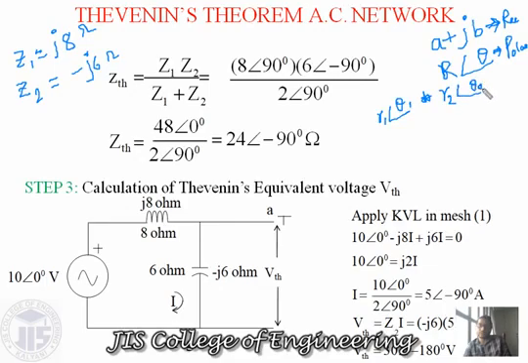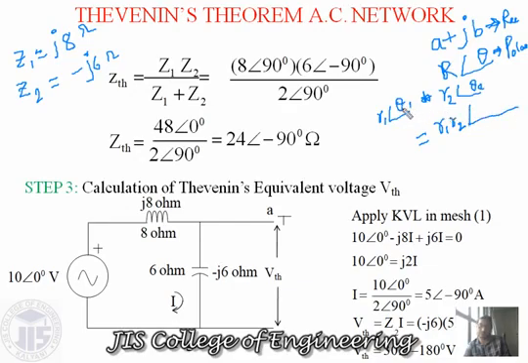The overall value is r1 into r2, and the angle values are simply added at the time of multiplication.